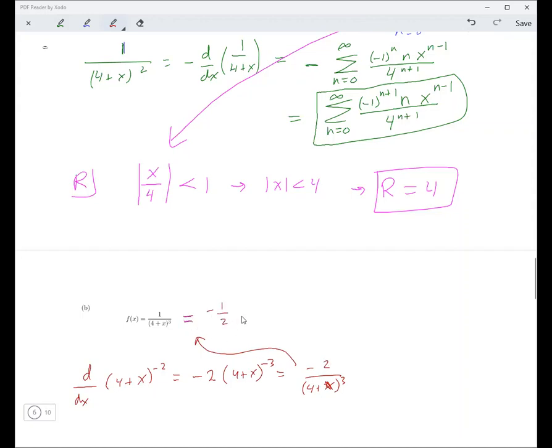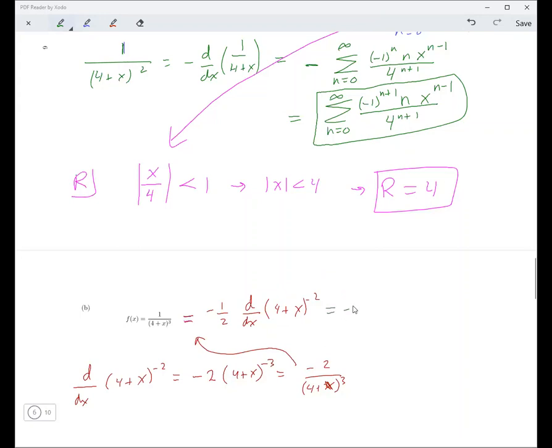Okay, so that means 1 over that is equal to negative 1/2 the derivative of 4 plus x to the negative 2. So what that means is if I take the derivative of this, I put that in there. So this is 1 over 4 plus x squared is this. And the derivative of that will be just taking the derivative of this.